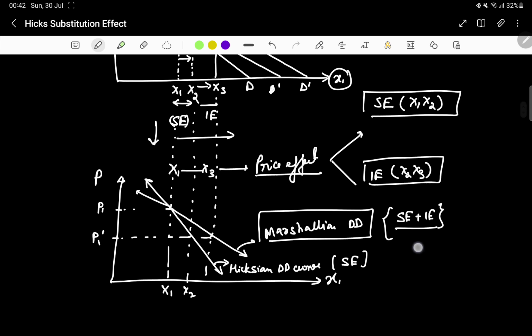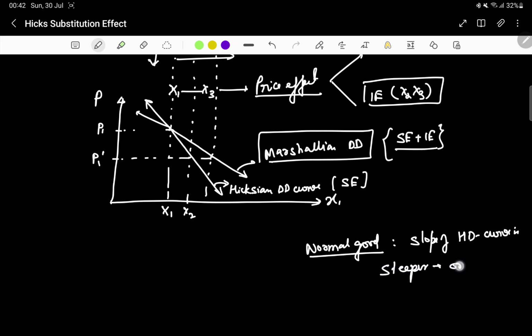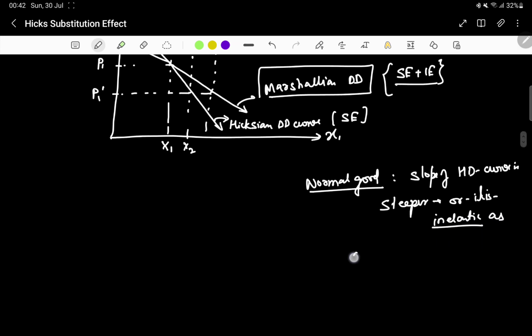Here we can see that, in the case of a normal good, the Hicksian demand curve is steeper, or inelastic, as compared to the Marshallian demand curve.